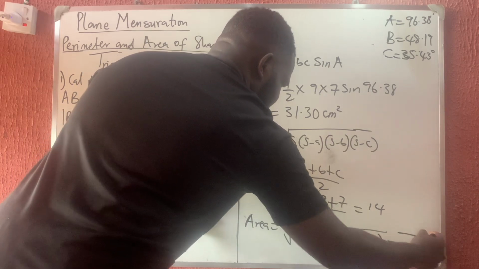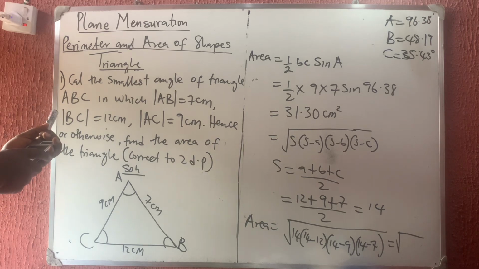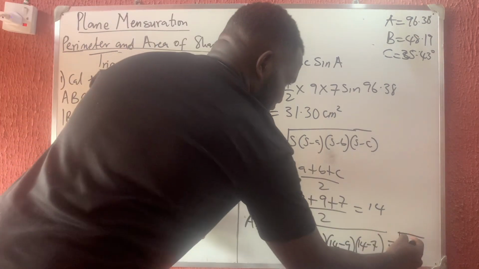So I'm going to have the square root of, let's do that. 14, bracket 14 minus 12 is 2, bracket 14 minus 9 is 5, bracket 14 minus 7 is 7. So I have 980.